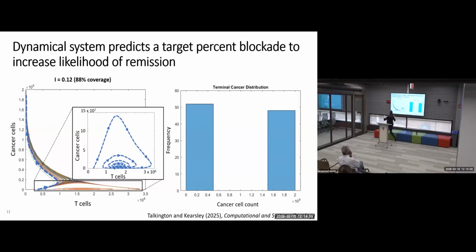If we consider our cancer cell, T cell population phase plane, looking at the proportion of cell fates in the tumor microenvironment, our simulated patients tend to achieve either a high cancer, low immune steady state or a high immune, low cancer steady state, which is the one that we want. Again, once we get between 80 to 90% blockade, that's where we start to see the shift from being more cancer cell dominant to more immune cell dominant.